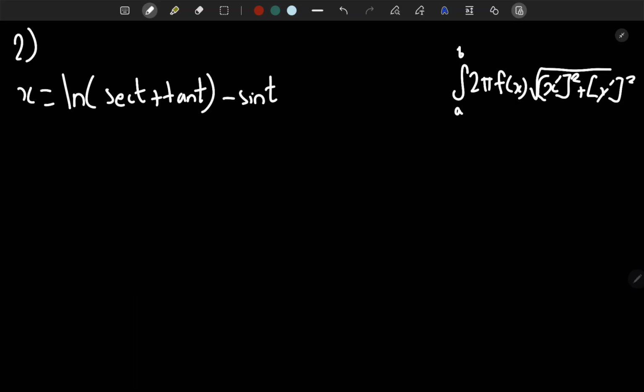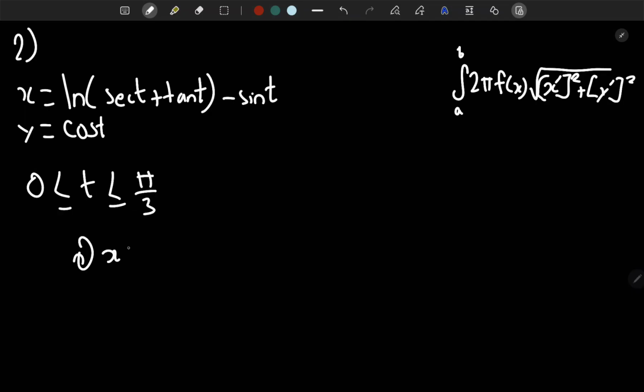So we will do this step by step, so you don't have to worry about that. And one thing I would tell you is that once you know the basics, everything else is very easy. So we have x and y, and then we have the limits from 0 to pi over 3, and then we are rotating about the x-axis, and we need to find the surface area.